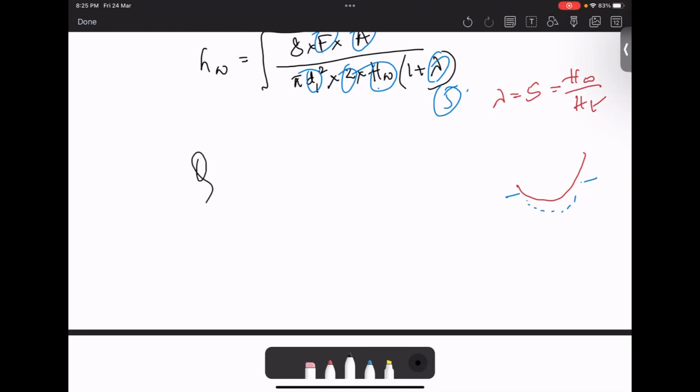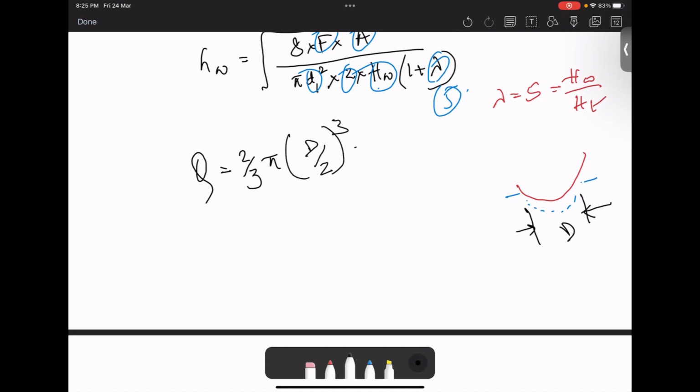You find out the MRR Q, assuming that the indentation is of hemispherical shape, and then the volume becomes 2/3 pi, where capital D is your indentation dia, times D by 2 cube.